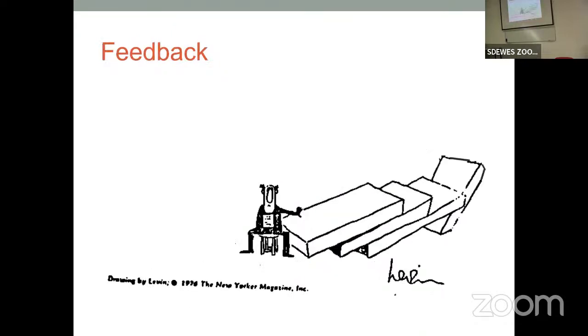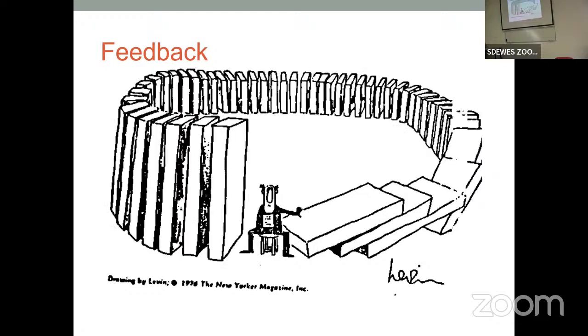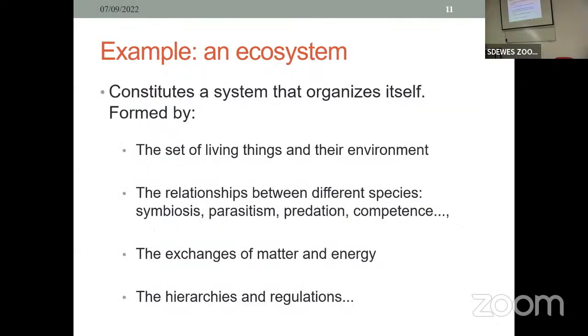So this is just a funny example. It's not only just to push some pieces, but sometimes the feedback appears. Well, there are more kinds of examples of this. A very clear example of what I have been talking about is just an ecosystem. An ecosystem cannot be considered like the sum of different elements: one animal, another plant, another animal, the air, whatever.